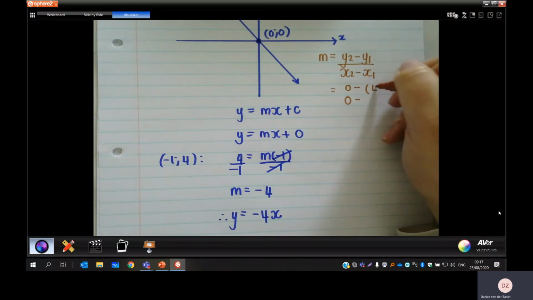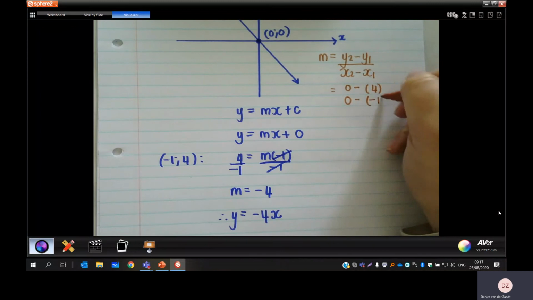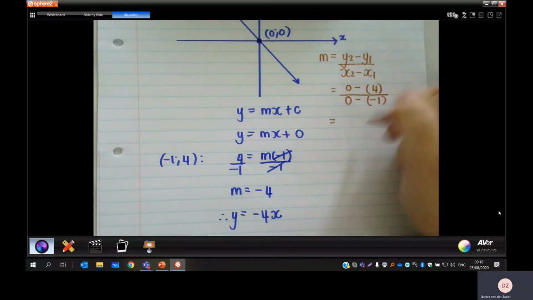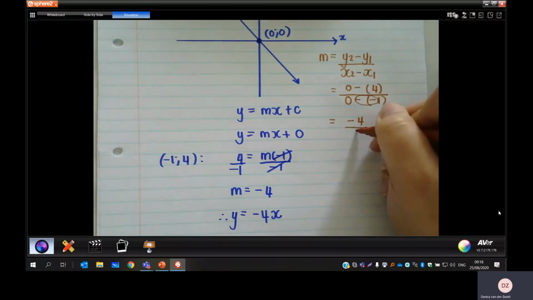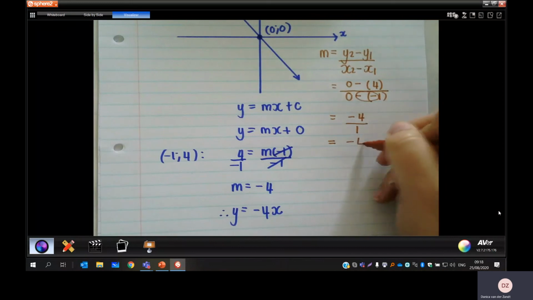My y is 4, my x is -1. 0 minus 4 is -4. 0 plus 1 is 1. My gradient is -4.